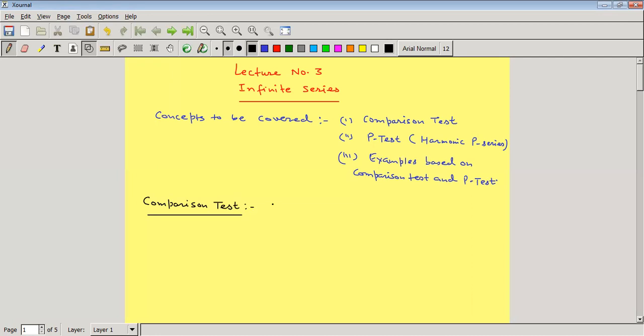So let summation an and summation bn be series of non-negative real numbers.